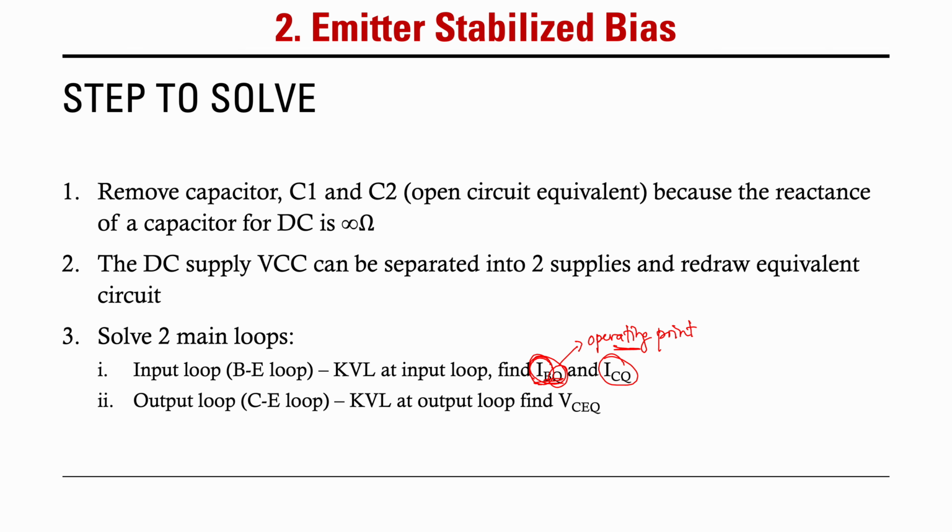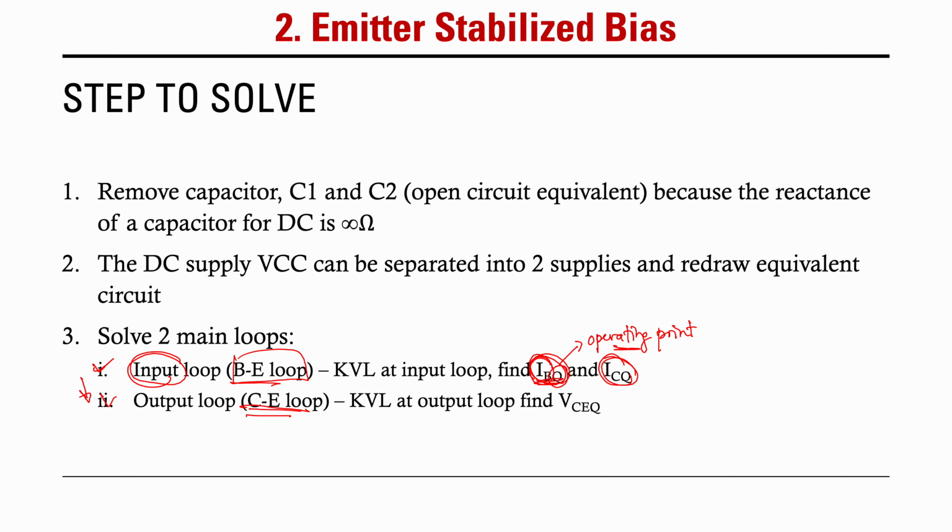So at the BE loop, you can determine the value of the base current and also the collector current. Once you have determined the BE loop, then only can you go to the CE loop. Always remember this sequence. You cannot go to the CE loop and then back to the BE loop. You must always start with the BE loop, because the BE loop is the input.